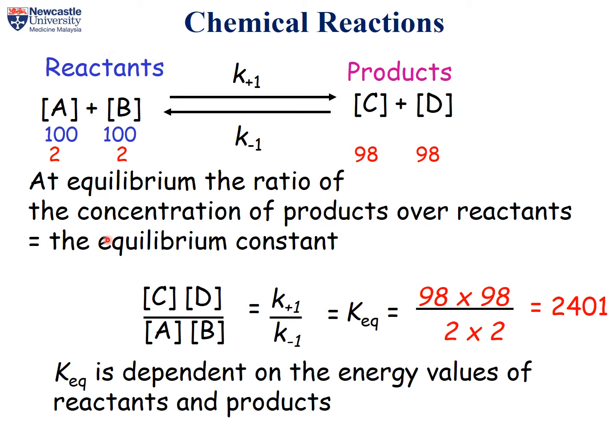At equilibrium, the ratio of the product divided by reactants is known as the KEQ, or the equilibrium constant. In this case, the KEQ is equal to 98 times 98 divided by 2 times 2, which is about 2400. So KEQ is a constant, and this value is dependent on the energy values of both reactants and products.